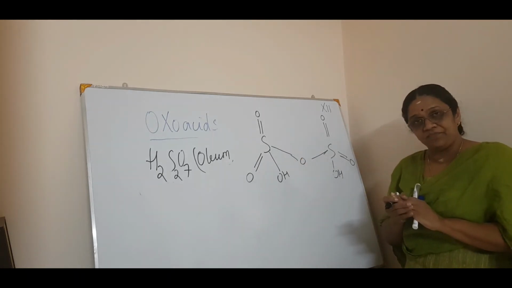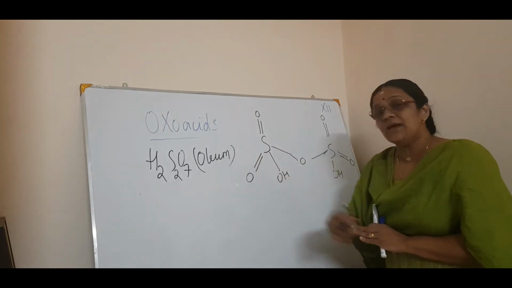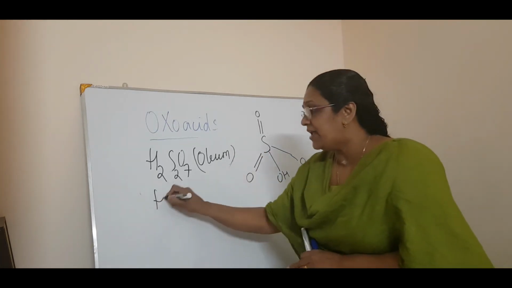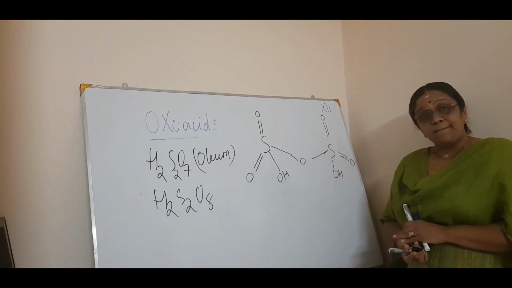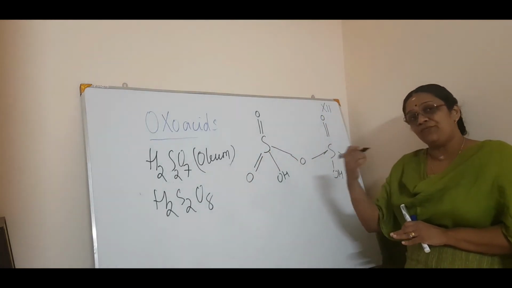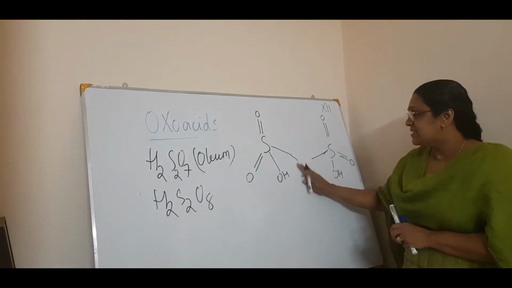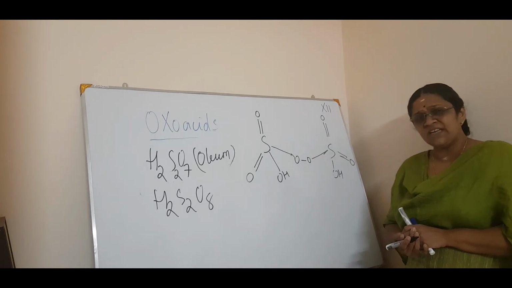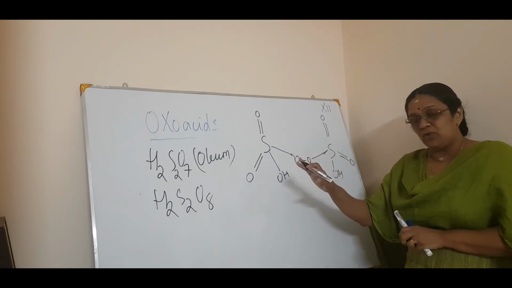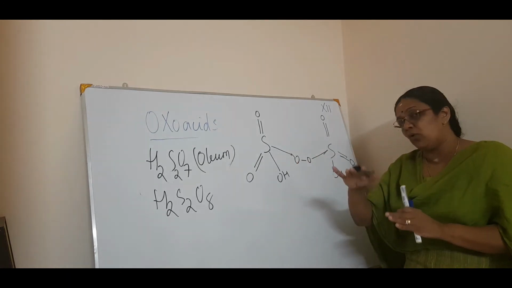It's very easy. Now, once you know oleum, how will you get H2S2O8? That is peroxodisulfuric acid. How will you get it? Just put one more oxygen here. That's all. See? Very simple. If you know sulfuric acid, oleum is easy.